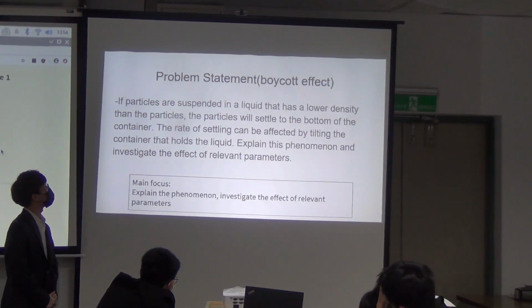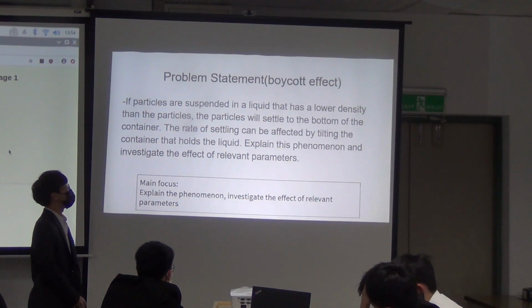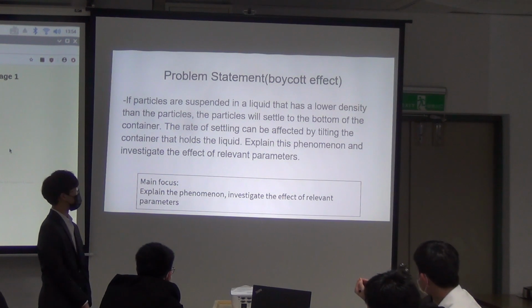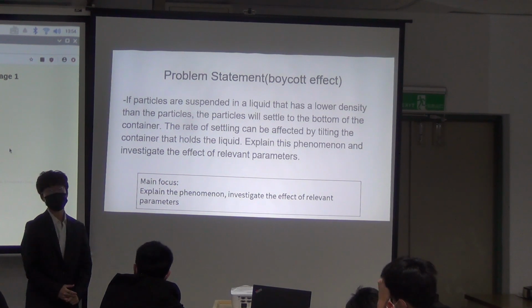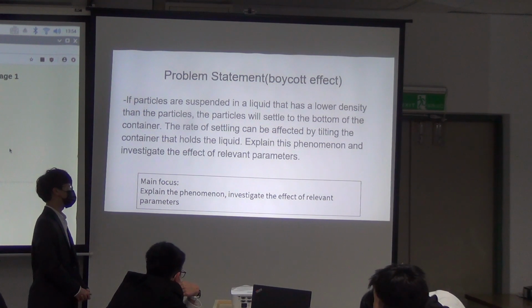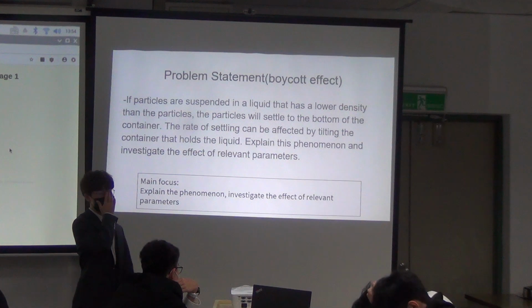The rate of settling can be affected by tilting the container that holds the liquid. Explain this phenomenon and investigate the effect of relevant parameters. And for us, our main focuses are to explain the phenomenon and investigate the effect of relevant parameters.